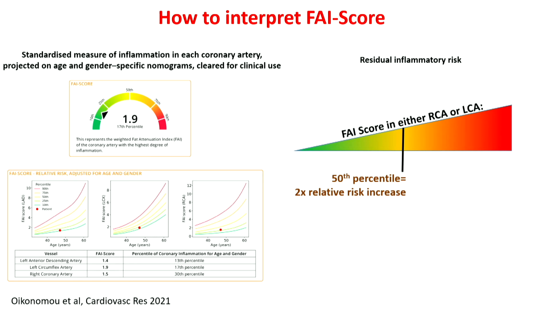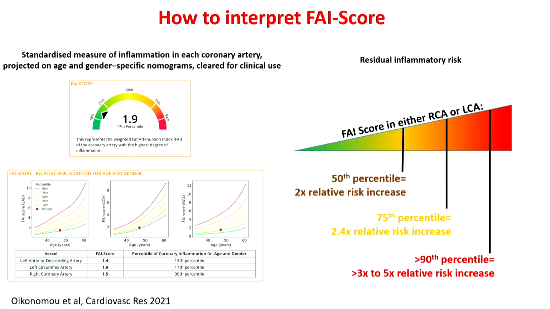Now, how do you interpret the values? If an artery is sitting above the 50th percentile, then the patient has 2 times higher risk to develop a fatal cardiac event. If it sits above the 75th percentile, then the risk goes to 2.4. And if it sits above the 90th percentile, then you are at 3 or 5 or even more times higher risk for a fatal cardiac event.